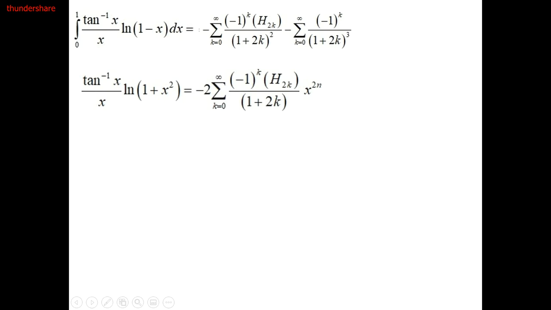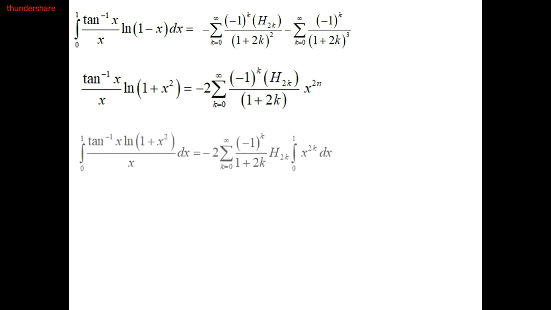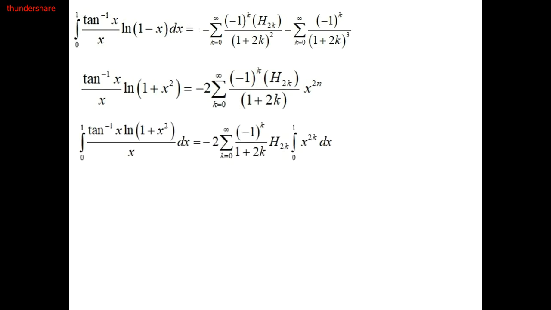Of course, it was x^(2k+1), but we divided by x, so it will be x^(2k). Okay, we will integrate both sides with respect to x from 0 to 1.